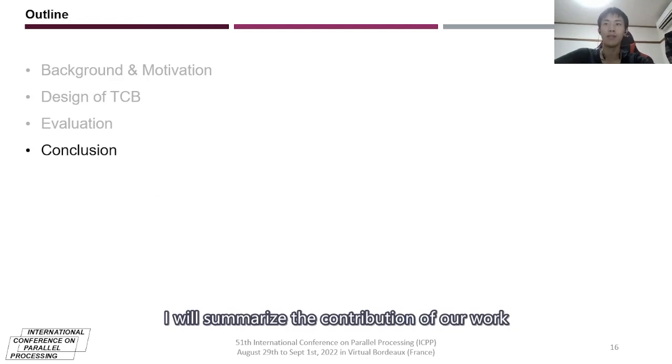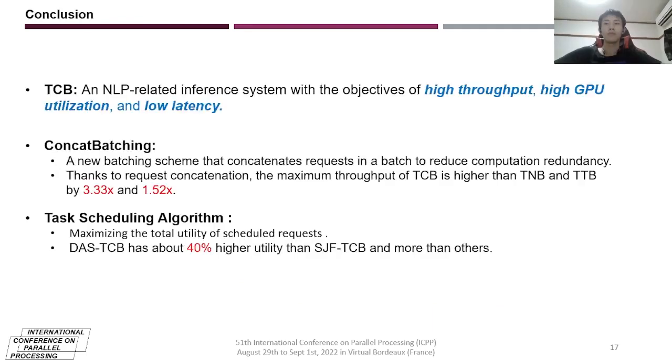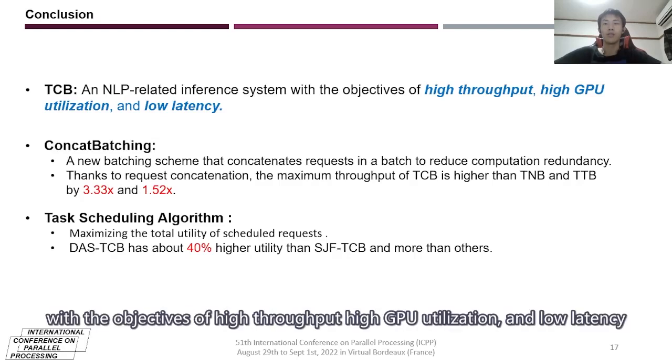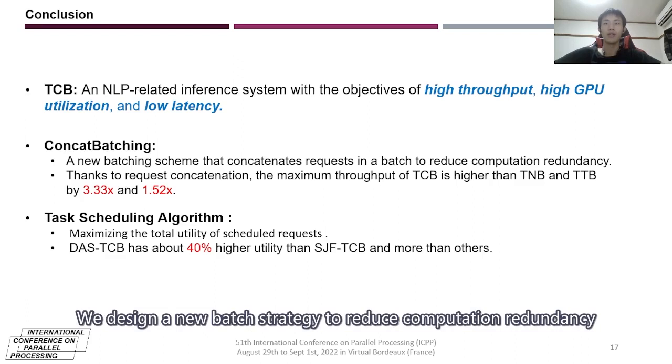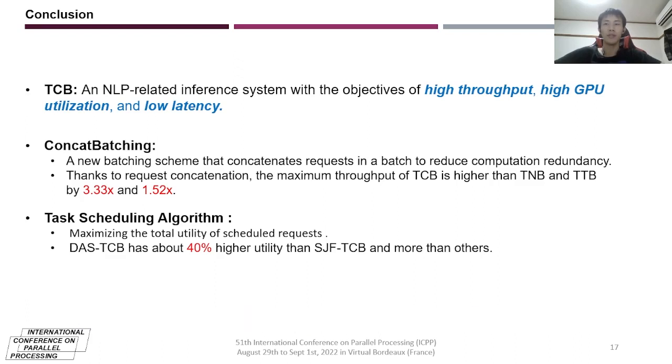I will summarize the contribution of our work. TCB is an NLP-related inference system with the objectives of high throughput, high GPU utilization, and low latency. We designed a new batch strategy to reduce computation redundancy.